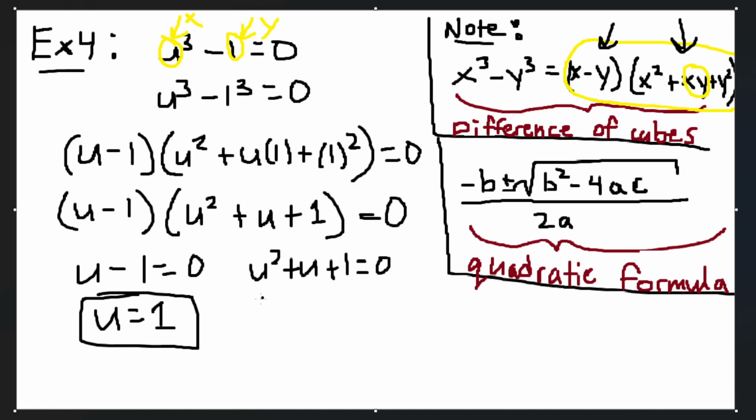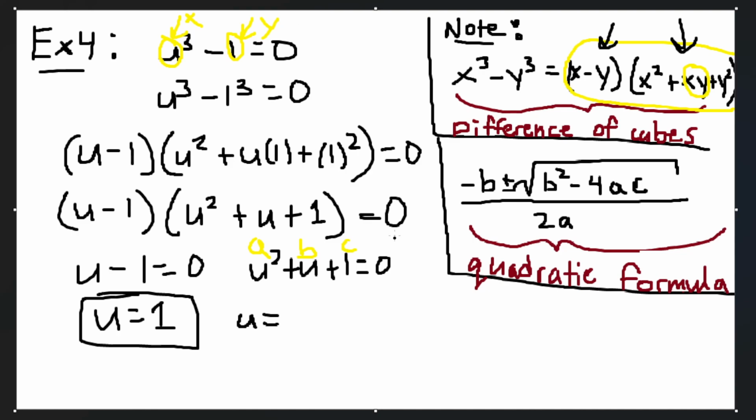If we solve it using the quadratic formula, we'll get something like u equals negative b. Okay, so this value is a, this value is b, and this value is c.